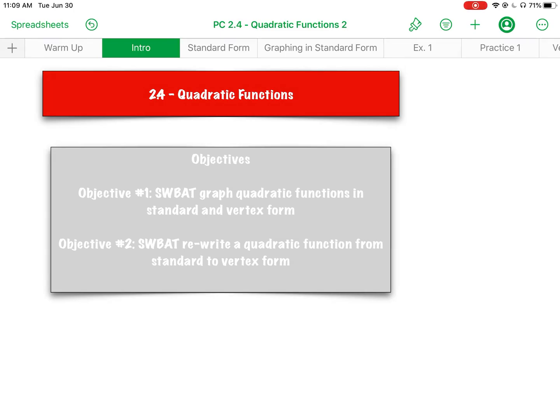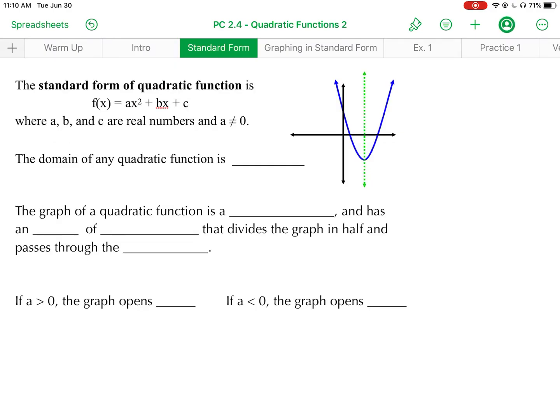In this video, we are turning our attention to section 2.4 and looking at quadratic functions, specifically the standard form of a quadratic function. Your standard form will follow the format f of x equals ax squared plus bx plus c.